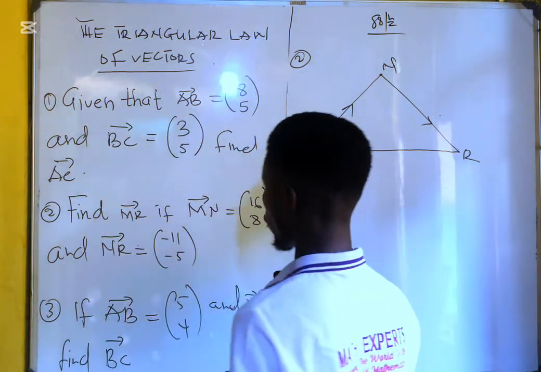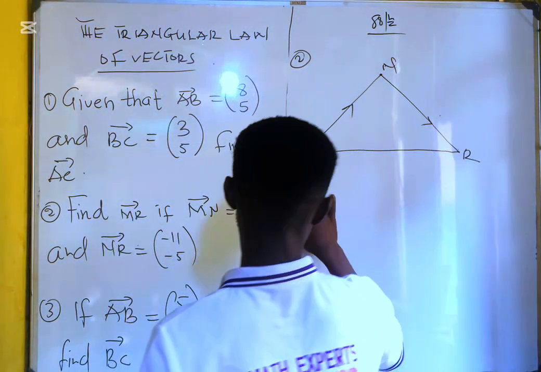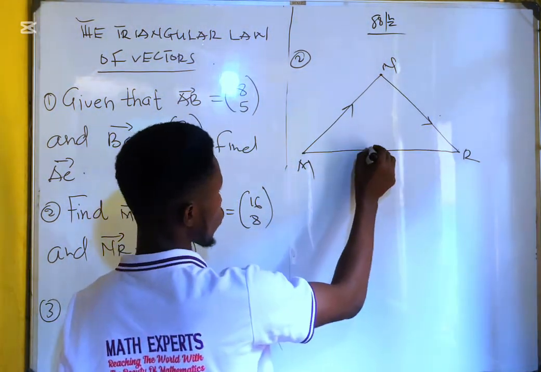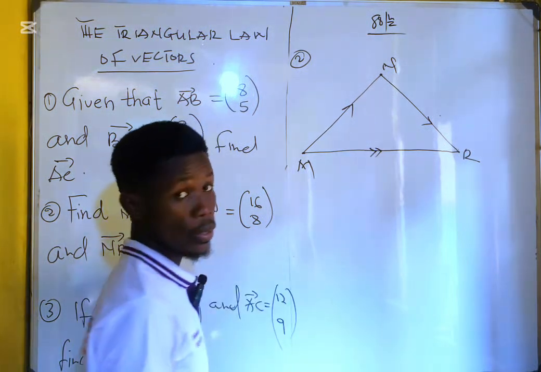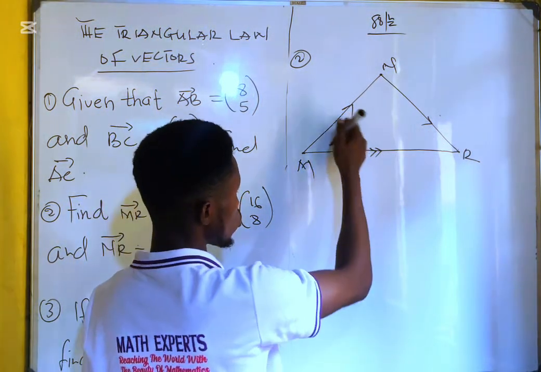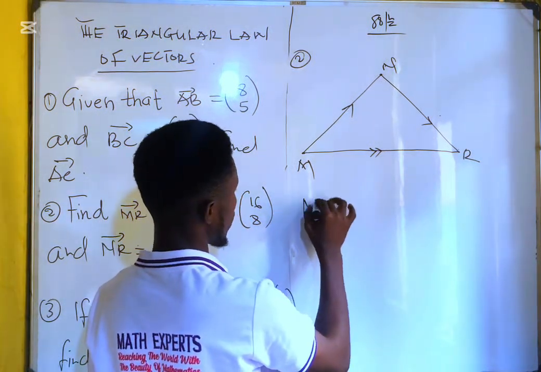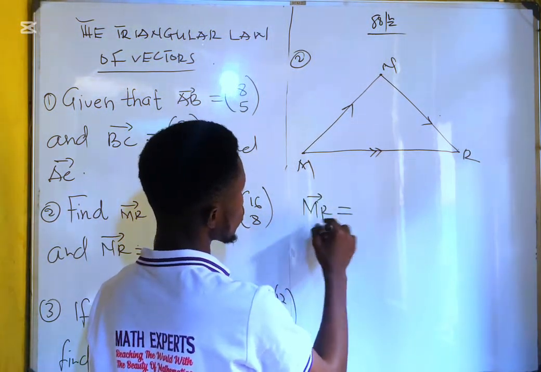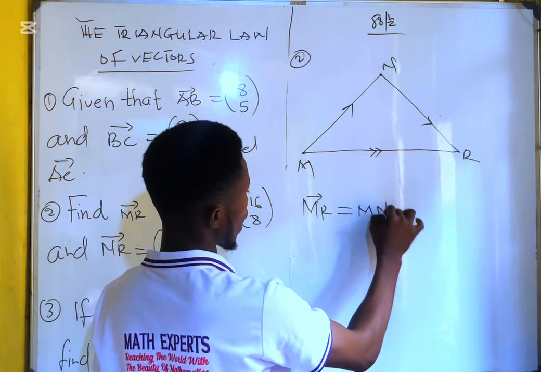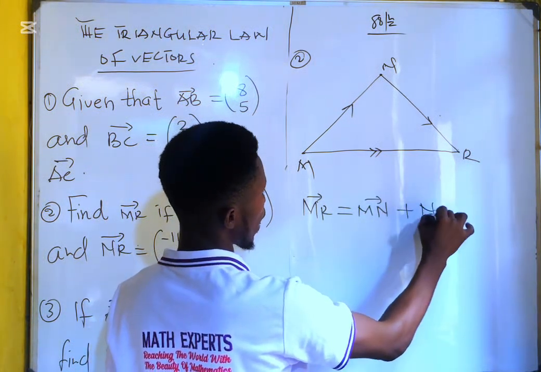Now the question says we should find ML. That's the resultant vector. In fact, for the resultant vector, you put two arrows, because these are two, and two of them give you one. The first one I didn't bring it. So MR will be equal to MN plus NR.